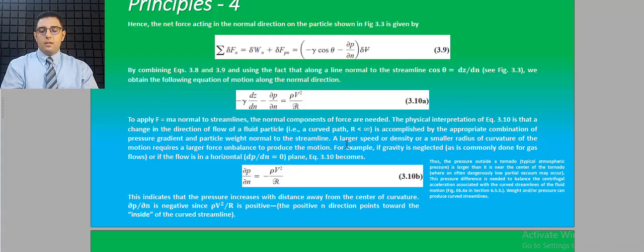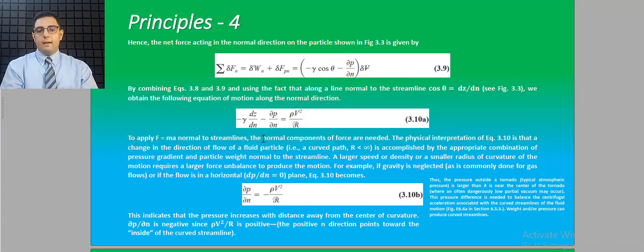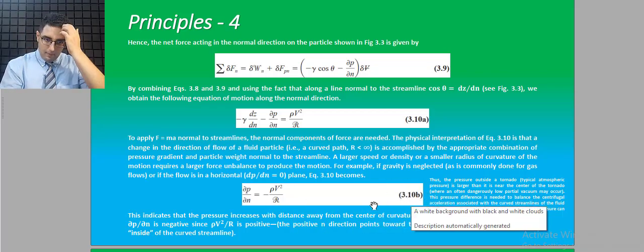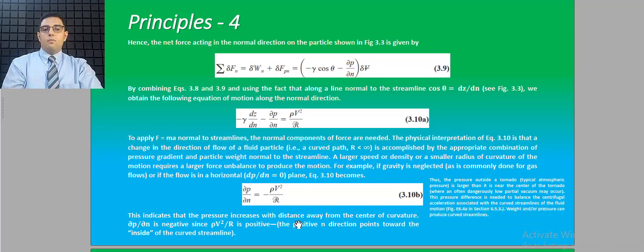If we do not regard gravity for gas flows, we have equation 3.10b. This is more applicable when we are analyzing the tornado phenomenon.